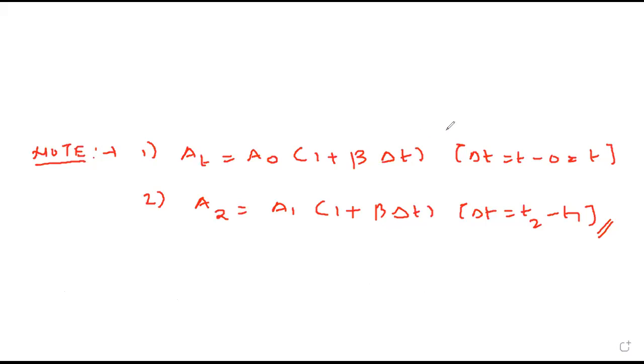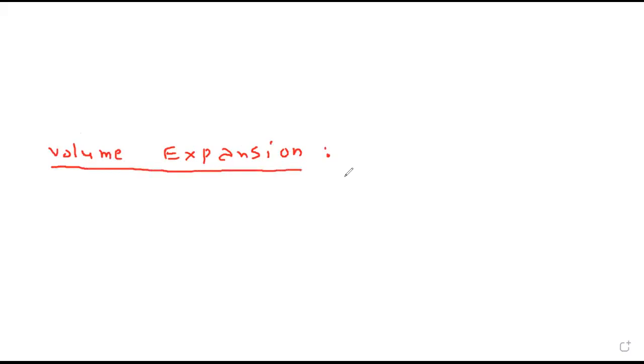So we got linear expansion, we got areal expansion, we got alpha, we got beta. Now third part, volume expansion. Length was increase in length, area was increase in area. So volume will be the increase in volume.